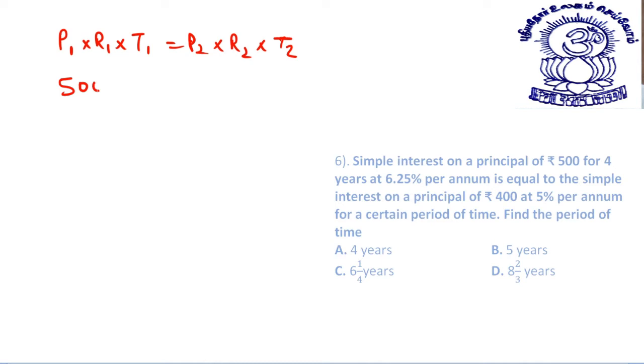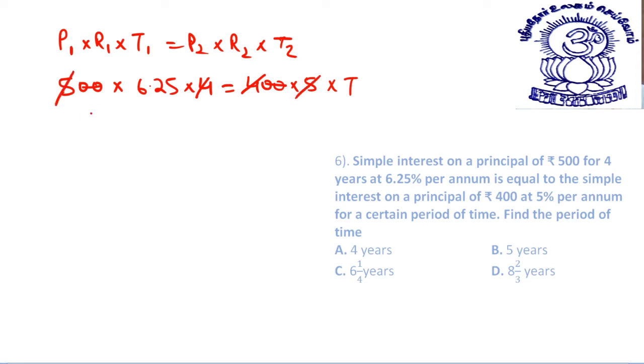P1 is given to us as 500 for 4 years at a rate of 6.25 is equal to 400 at 5% per annum for a certain period of time. Let's say this time is t. Now let's see what you can cancel. You can cancel this double zero with double zero, this 4 with this 4, and this 5 with this 5.